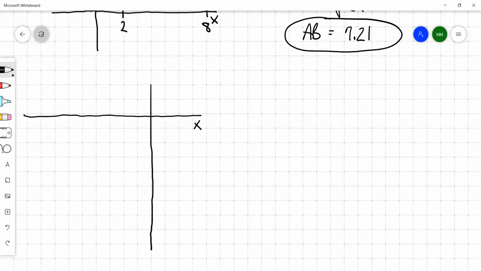And here's our X and Y. And let's go, let's see, 1, 2, 3, 4, 5, 6. We'll go -6.